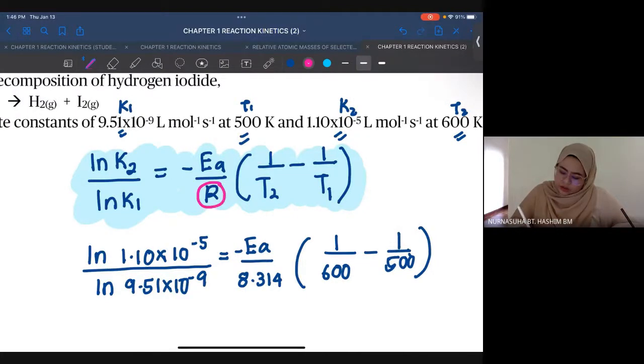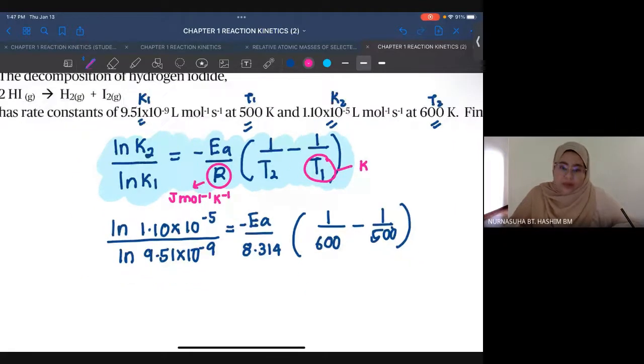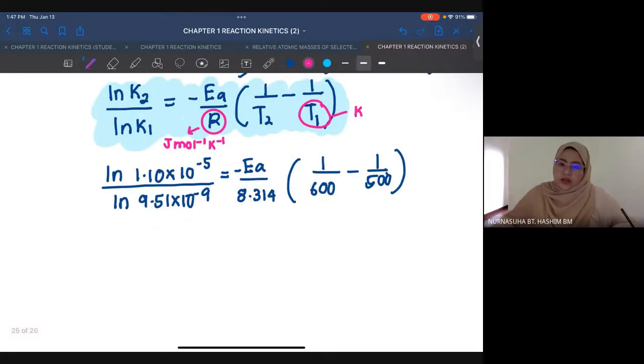This one, unit dia adalah joule per mole per Kelvin. So, temperature ni, dua-dua ni, unitnya adalah Kelvin. Okay guys, tekan kalkulator sekejap. Cuba tekan kalkulator, dapat berapa? The value must be positive. Value mestilah positive.